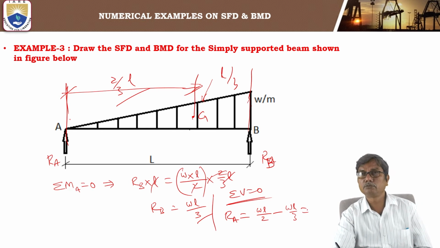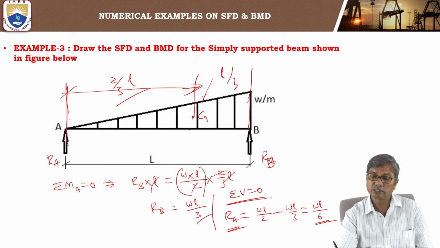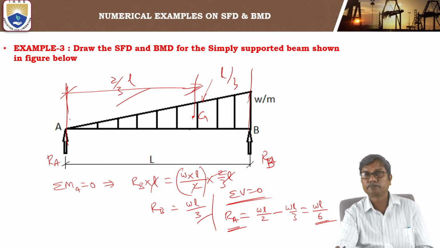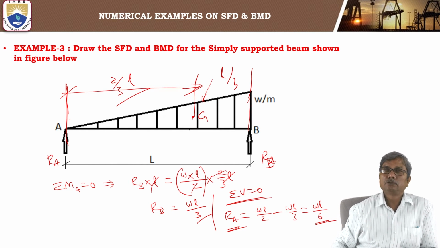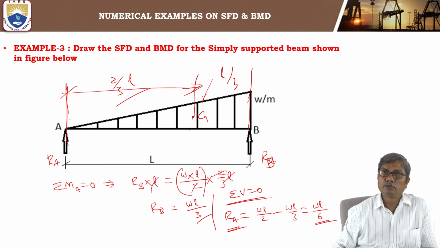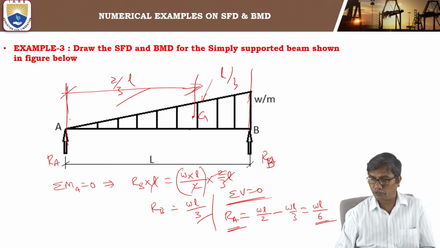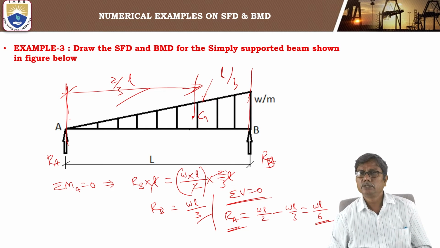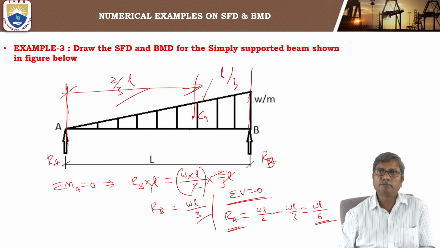So WL by 2 minus WL by 3 is WL by 6. So the reaction at A is WL by 6. Before proceeding to draw the shear force and bending moment diagrams, you need to first find the reactions at the supports, which are WL by 6 and WL by 3 at A and B respectively.